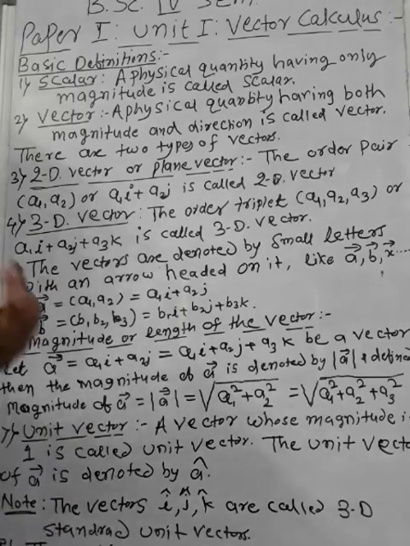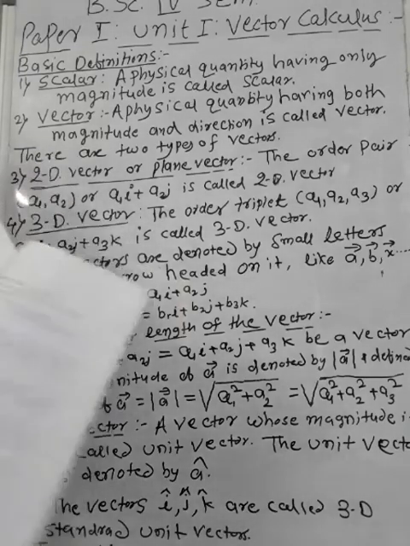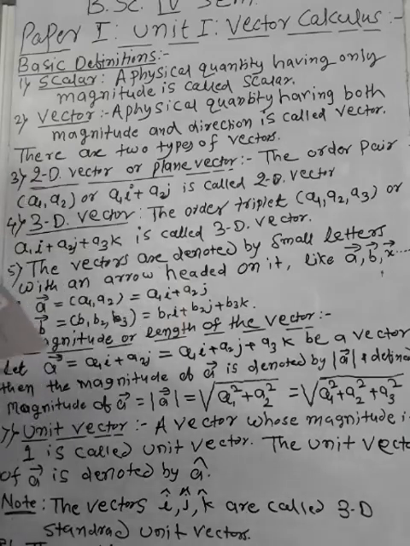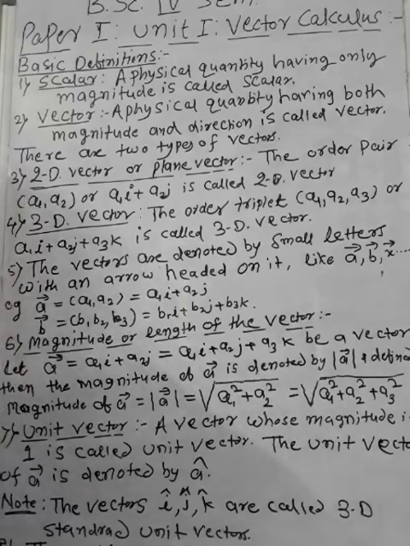I hope you already know the syllabus. This semester also you have two papers, paper 1 and paper 2. Paper 1 is about vector calculus and infinite series, and paper 2 is about group theory, Fourier series, and differential equations.